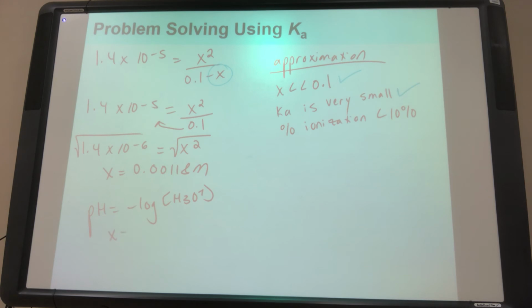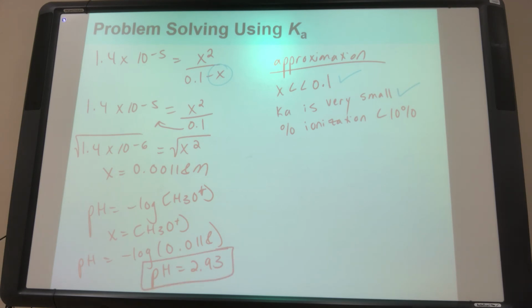We said x was equal to the H3O plus from my ice table. So I can just plug it in. Negative log of 0.00118 gives me a pH of 2.93. All right, so I got the first part done.